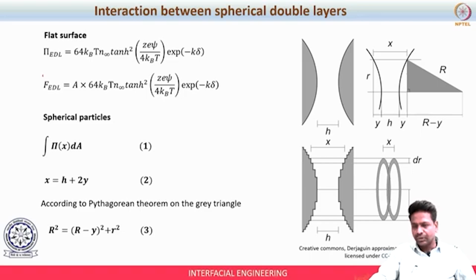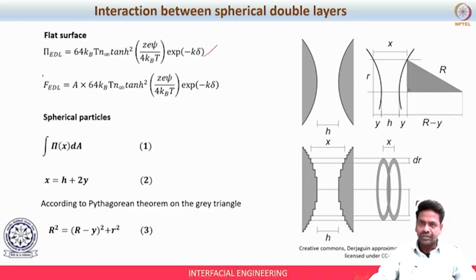Let us first start with the interaction between the planar surfaces that we obtained, the derivation that we saw in the previous video. This is nothing but the disjoining pressure that we obtained between two planar surfaces. If you look at this equation, it is a function of separation distance. Everything else is constant.